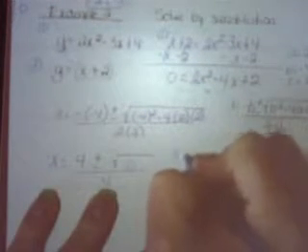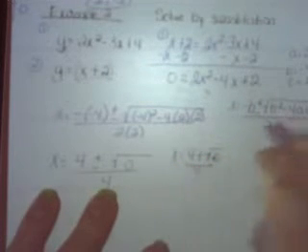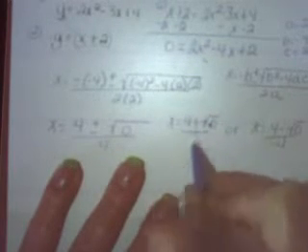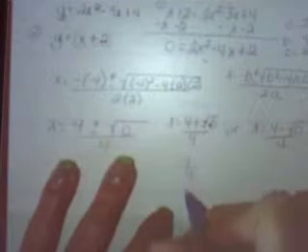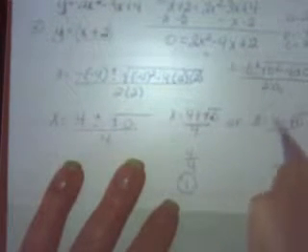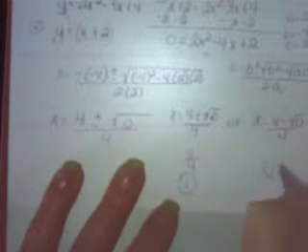So my two solutions are going to be x equals 4 plus the square root of 0 divided by 4, or x equals 4 minus the square root of 0 divided by 4. The square root of 0 is 0, so I have 4 plus 0, which is 4, divided by 4, I get 1. 4 minus 0 is 4, 4 divided by 4 is again 1. There's my two solutions. I know that x is 1.